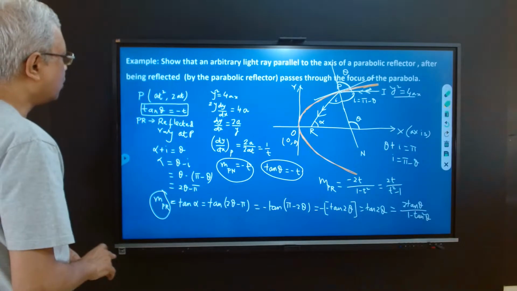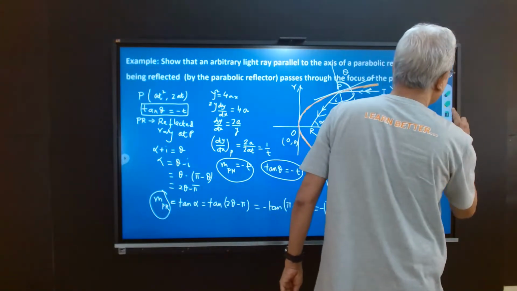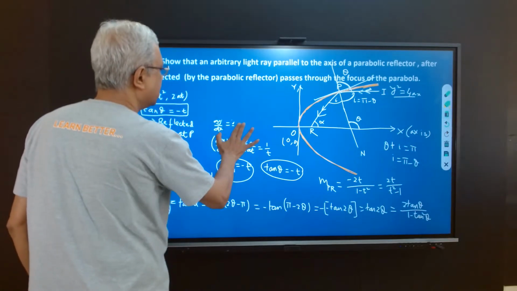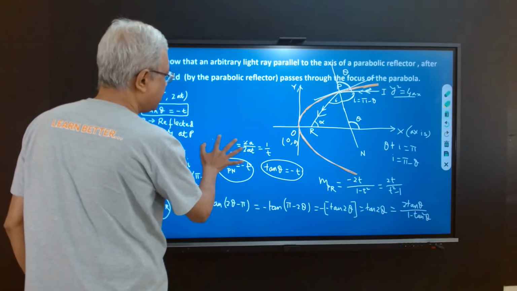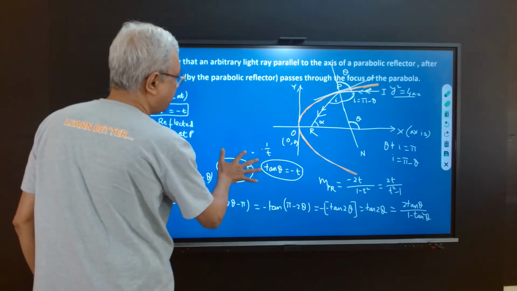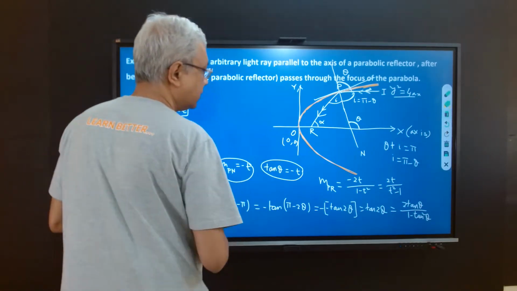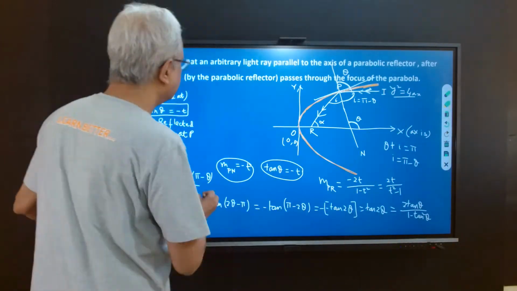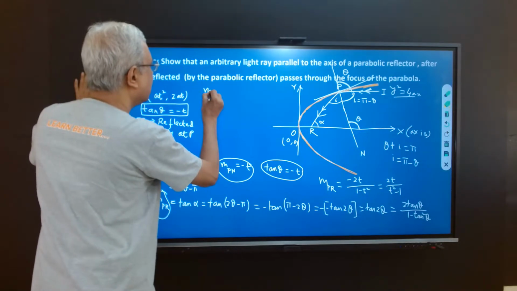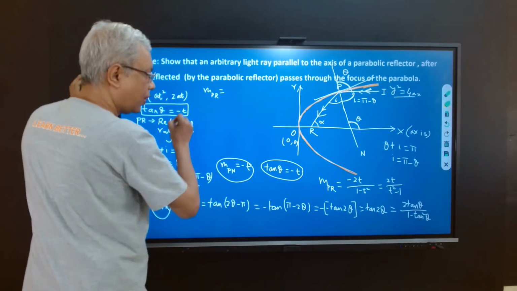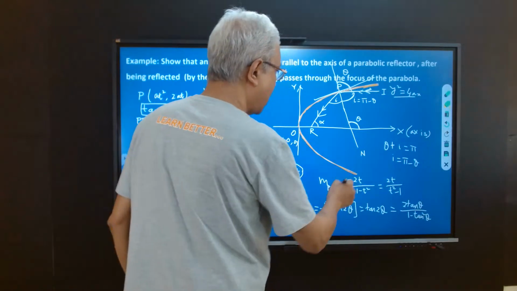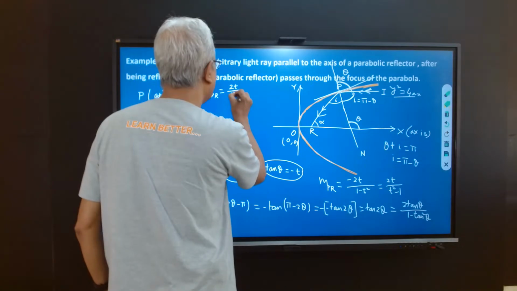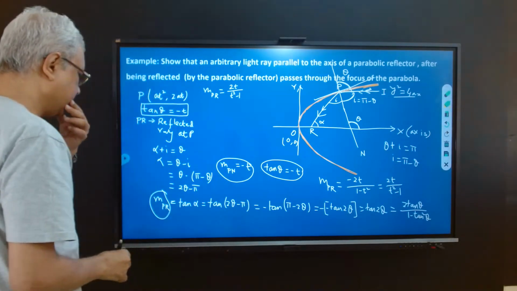So MPR, the gradient of the reflected ray at the point P, is 2t by t square minus 1.